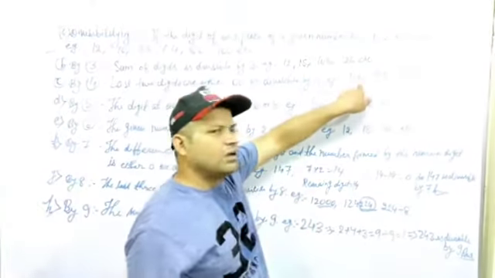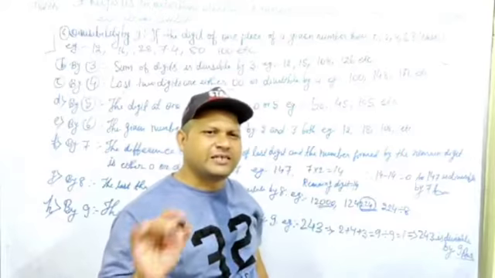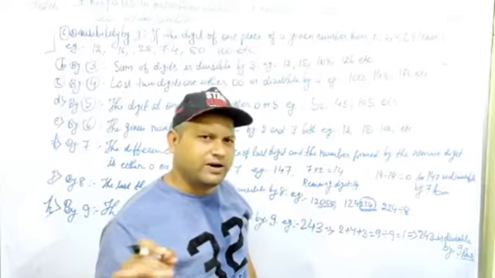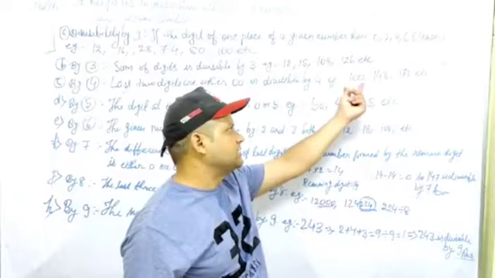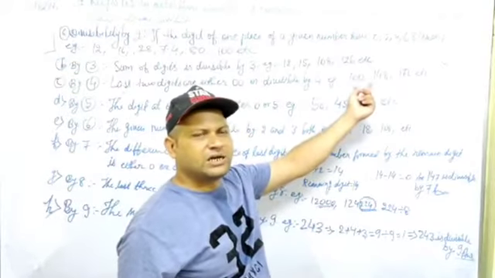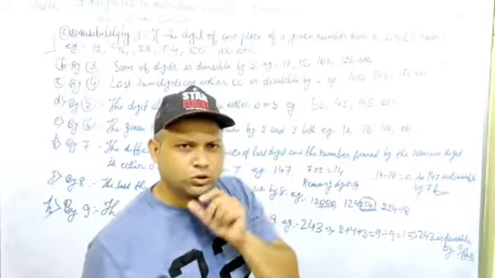For example, 100, we clearly say that 100 would be divisible by 4 because it has 0, 0 at its tens and one's places.